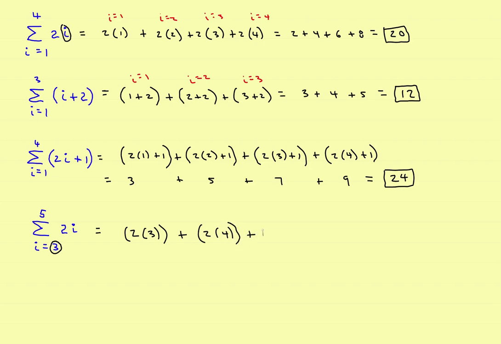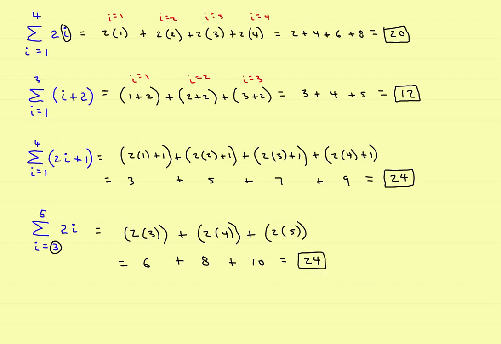Then you're going to add that to 2 times 5. And if you did this, this would be equal to 6 plus 8 plus 10, which would be 24, and there's that one.